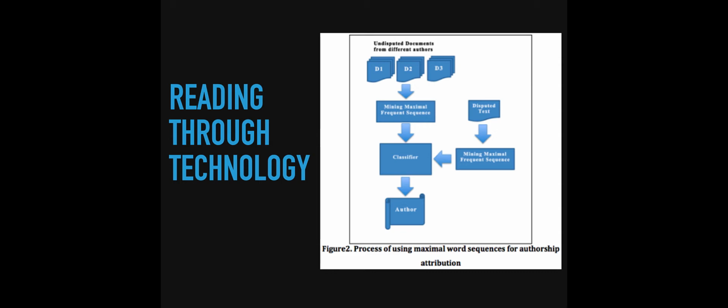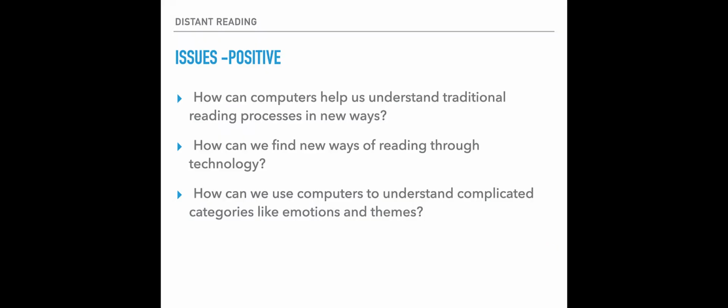to read books. And there's some good positive notions around asking computers to read, right? We can say, how can computers help us understand traditional reading processes in a new way, right? Can we have computers, while teaching them how to read, find out and make explicit some of the things we do implicitly in reading?